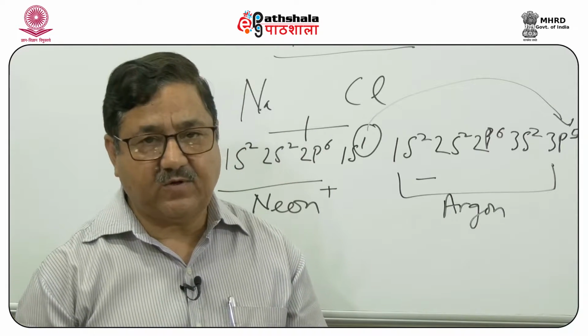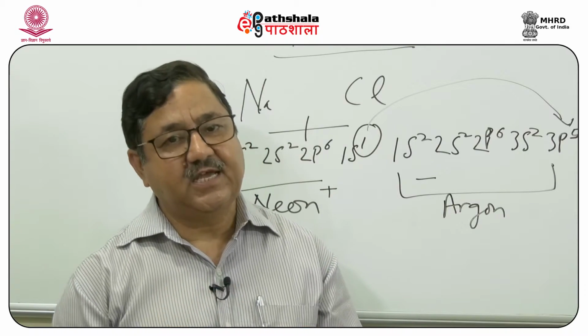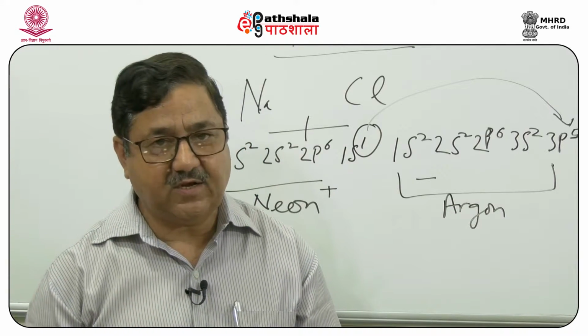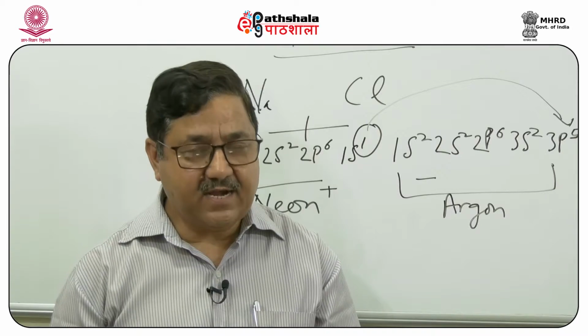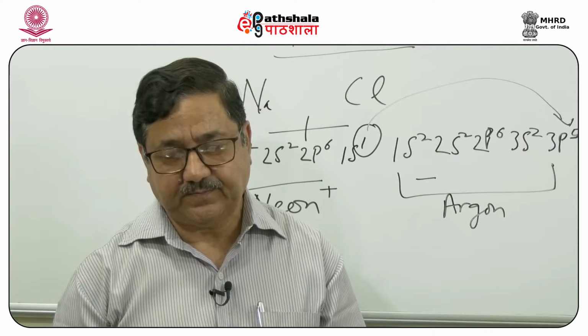Similarly, for potassium also, the ionic radii varies depending upon what are the other atoms or anions around potassium.